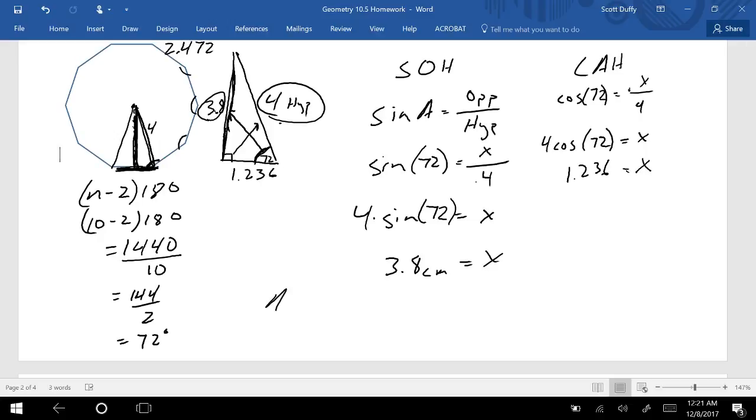And I'll say area equals 1/2 times the apothem times the length of the side times the number of the sides. So 1/2 times 3.8 times side length 2.472 times the number of sides, which is, if it's a decagon, 10.